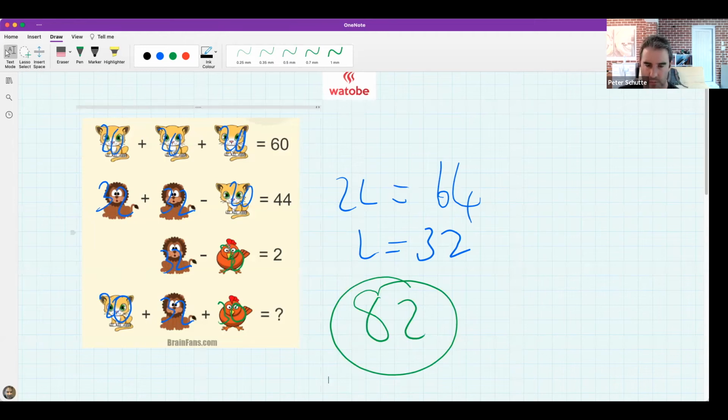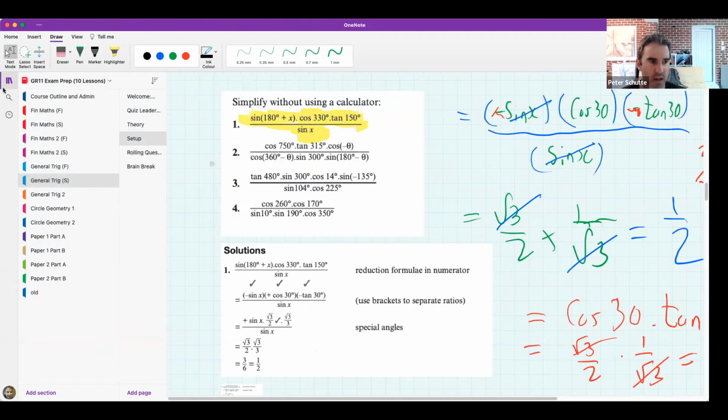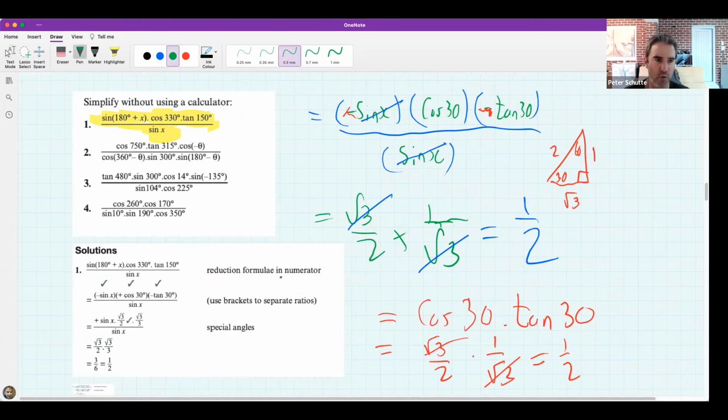Okay, so we've had our little brain break. Make sure you have another little stretch before we go into the second half of our lesson. It's always good to give your body a break. So let's do one more question like this before I move on. I really feel like it's almost guaranteed you'll get a question like this in your exam. So let's do question number 2. See if you can simplify that without a calculator.